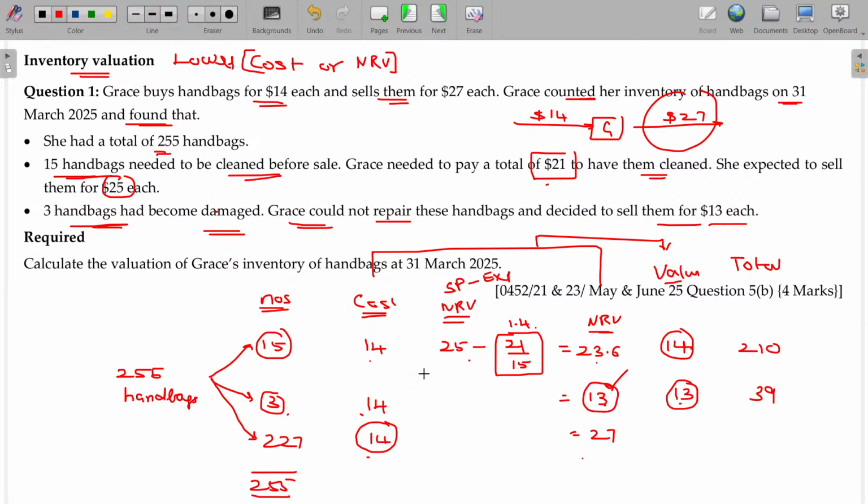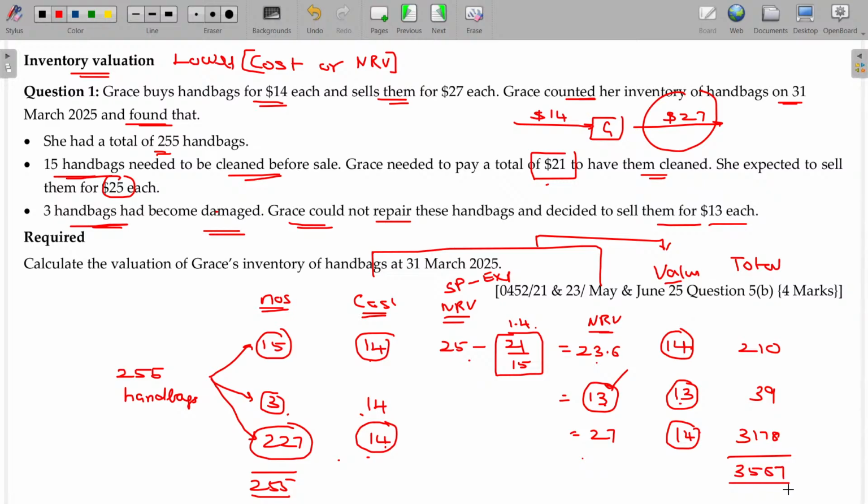Here 13, here 14. Okay. 14 into the number of bags available here being 227. So you multiply 14 and 227, the value being 3178. If you add up the 3, the total value being 3567.